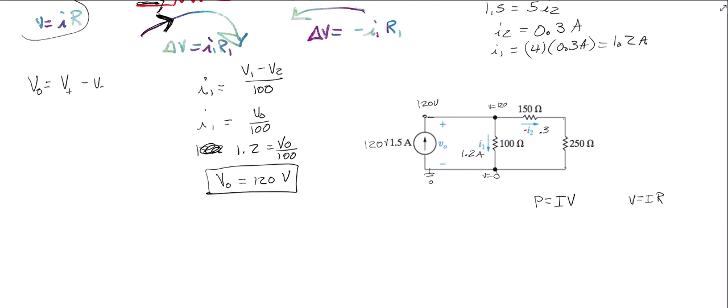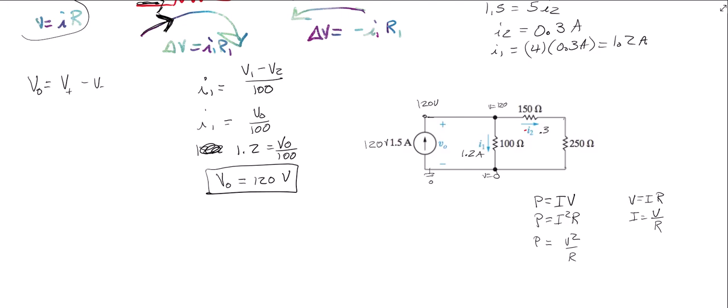We can't use Ohm's law if we don't have a resistor. I can substitute IR in for V and get P equals I squared R. That's handy if I don't have the voltage. Or I can say that I equals V over R, substitute that in, and get V squared over R. That can be helpful sometimes as well.